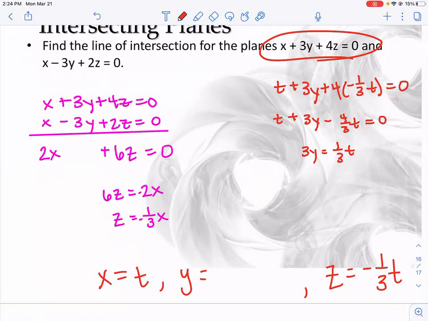What are you getting? Positive though, right? 1/9 t. And there's our set of parametric equations.